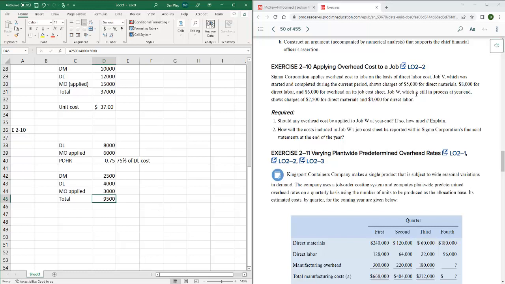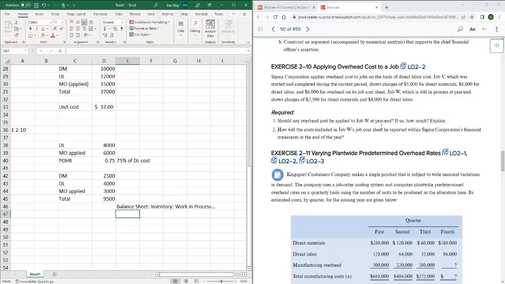Now job W is still in process at year end, so it's not done, it's not ready to sell. It would show up on the balance sheet of Sigma Corporation under inventory, under work in process. Still not finished.